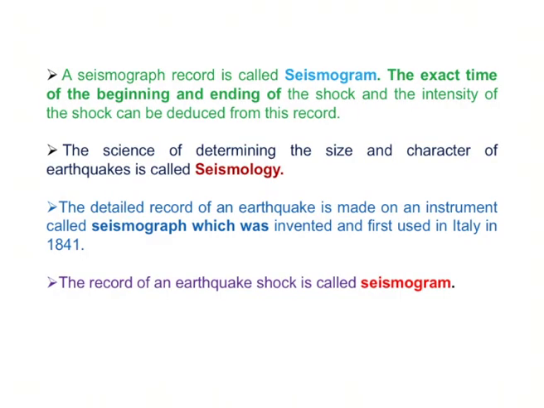That is the reason we call it a seismograph, and it was invented for the first time in Italy in 1841. The record associated with this is called a seismogram. The seismogram means a recording of seismic waves by this. That is why we call it a seismogram.